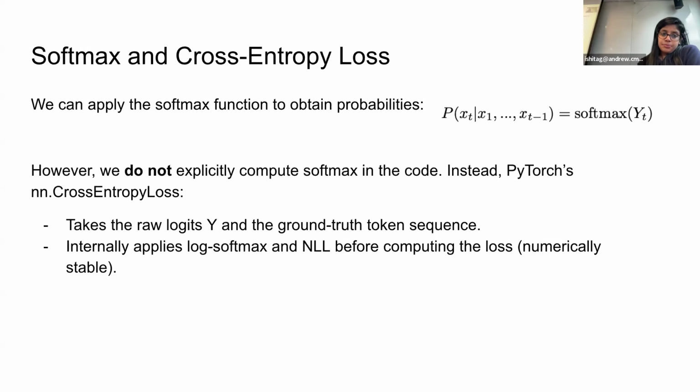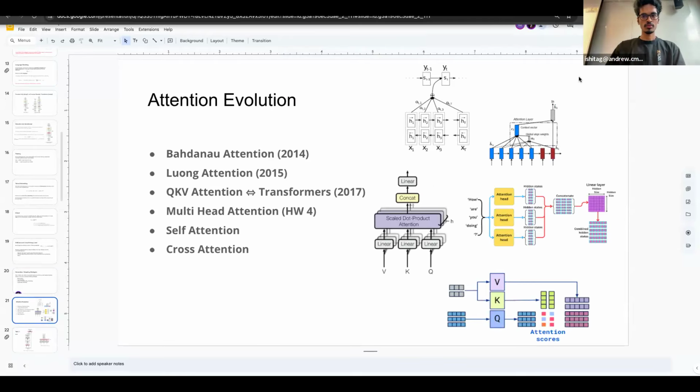We can apply softmax to obtain the final probabilities. However, we use PyTorch's implementation of cross-entropy loss, which takes the raw logits Y and the ground truth token sequence and internally applies the log softmax and the negative log likelihood before computing the loss. We would be just using that in this homework.